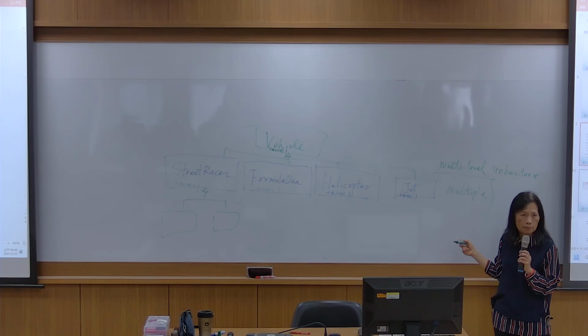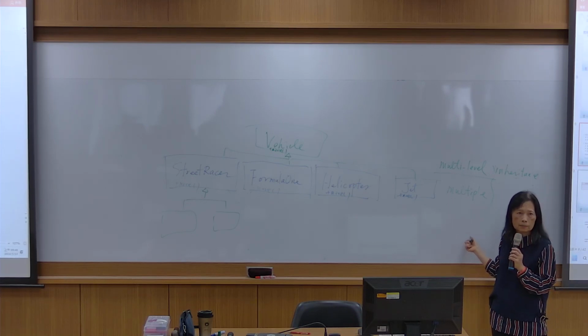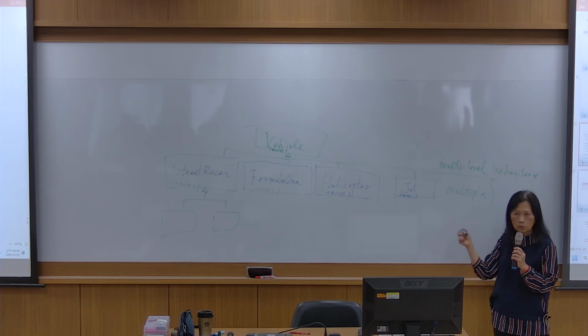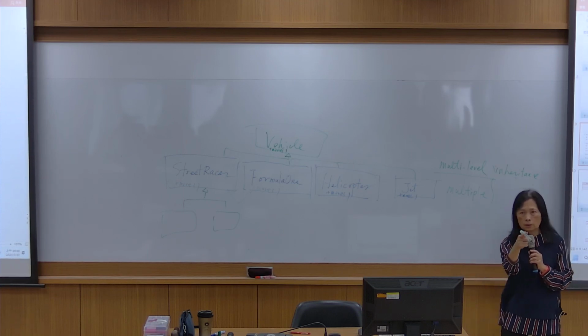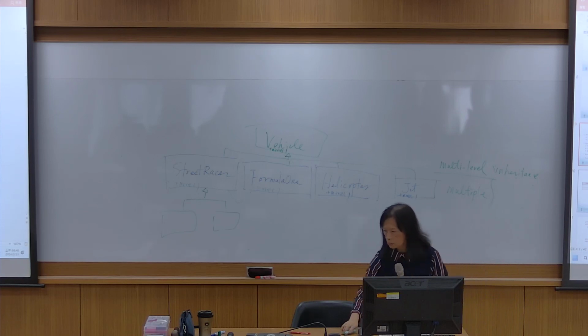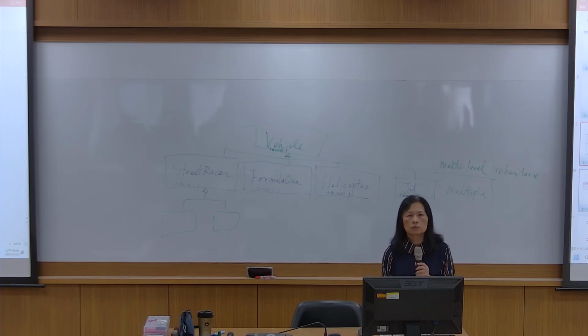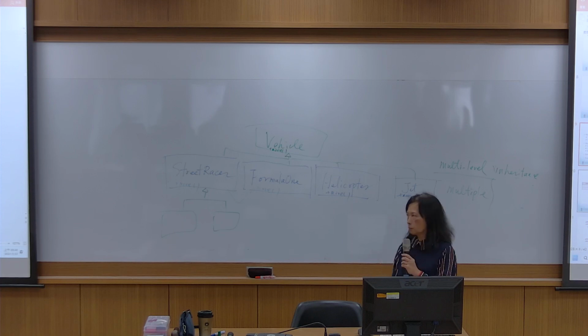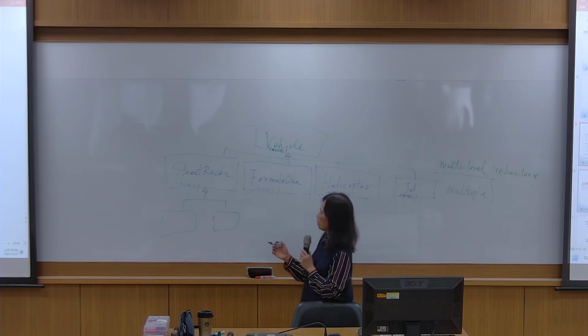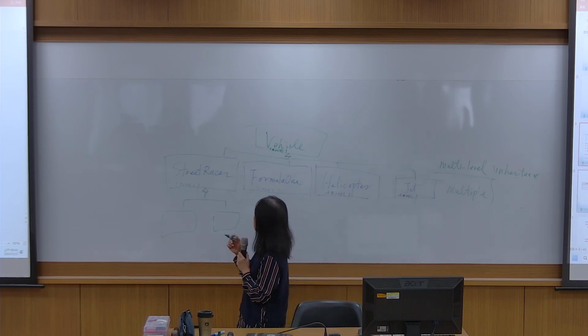Are they the same? Multiple inheritance. Raise your hand if you understand the idea. Multiple means you may have a lot of parents, but not every language can use this.